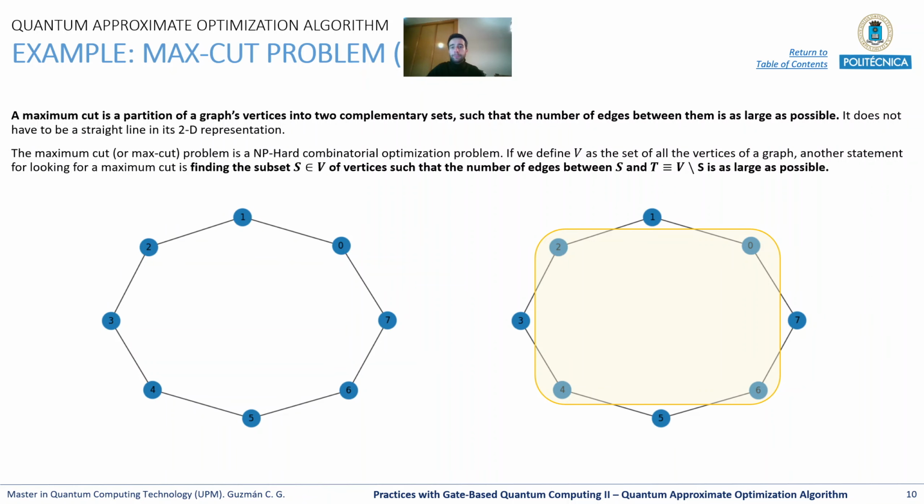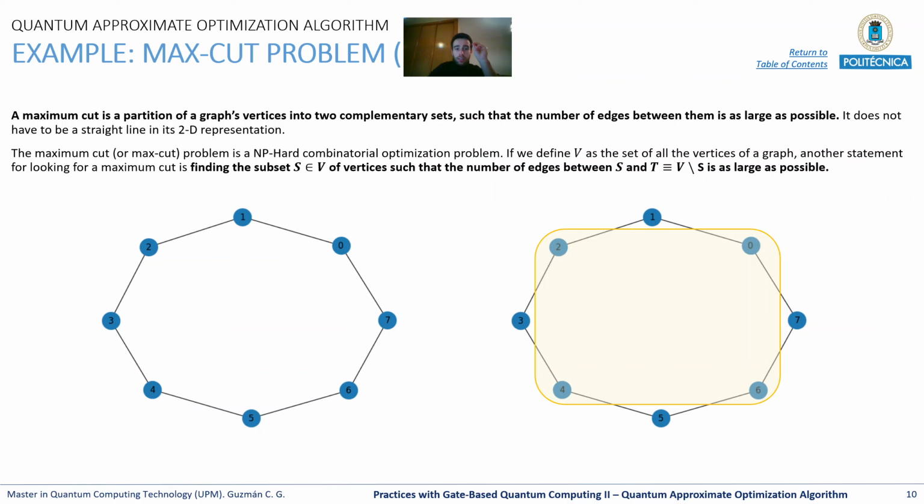So, what is the max cut problem? For that, we need to know what a maximum cut is. Max cut comes from maximum cut, and that's the partition of the graph's vertices into two complementary sets.